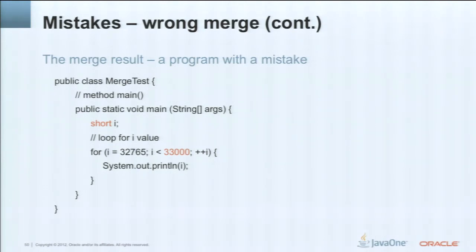The program contains the declaration of type of variable I as short, but also the loop contains the top value of I as 33,000, which is not quite good for the type short. And you know, actually Mercurial itself didn't give any errors. It doesn't even suggest to resolve conflicts. It just resolves everything automatically, and you will see that picture.